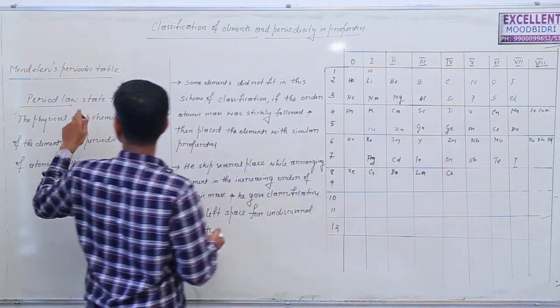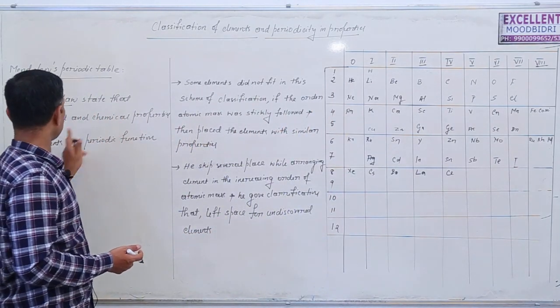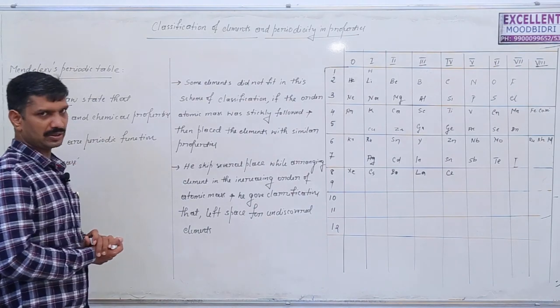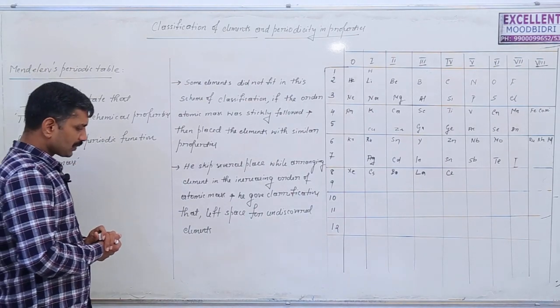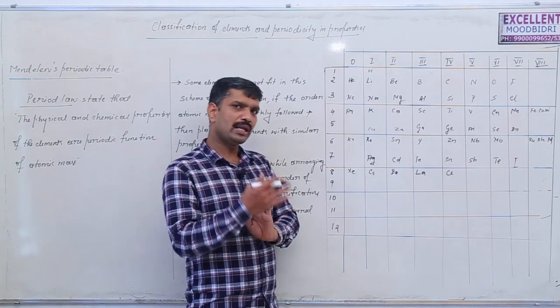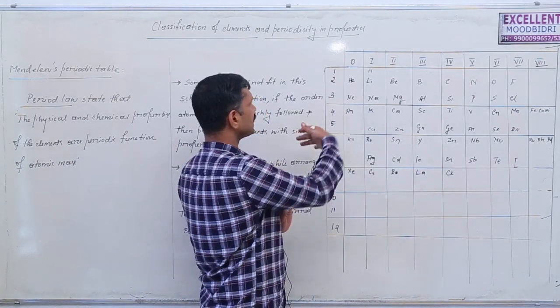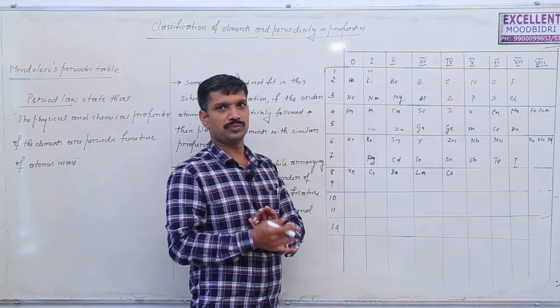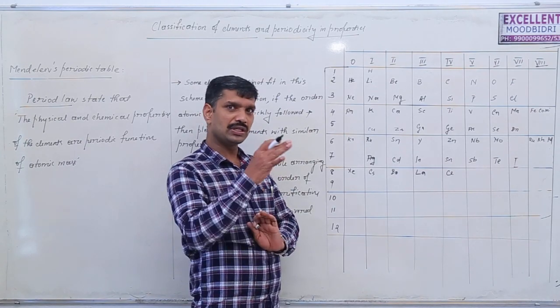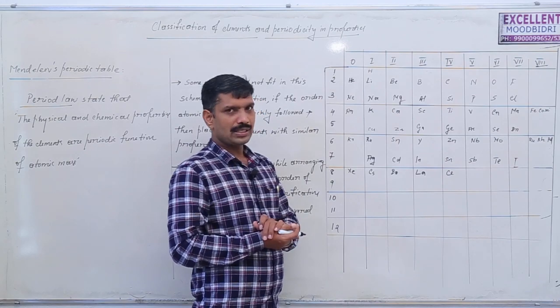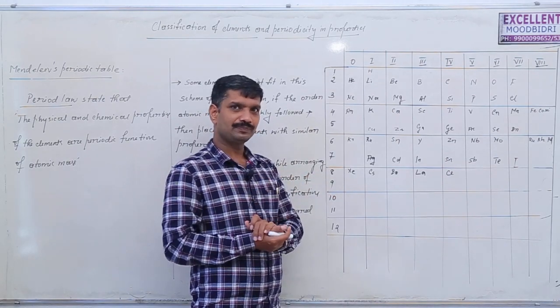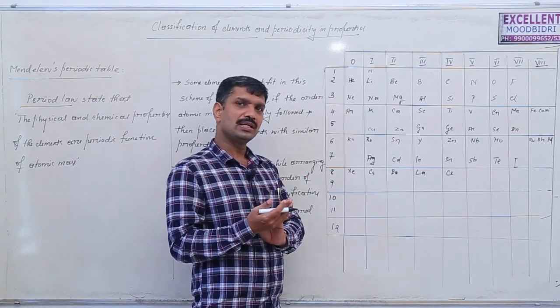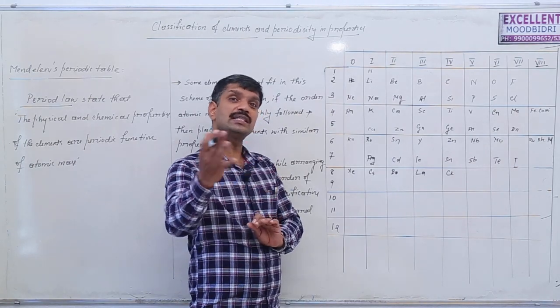That's why the physical and chemical properties of the elements are a periodic function of the atomic mass. But in this table, when elements are arranged in increasing order of atomic mass, some of the elements did not follow this rule. Then he placed the elements that exhibit a similar property together.